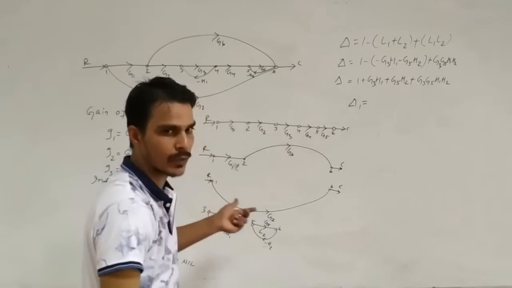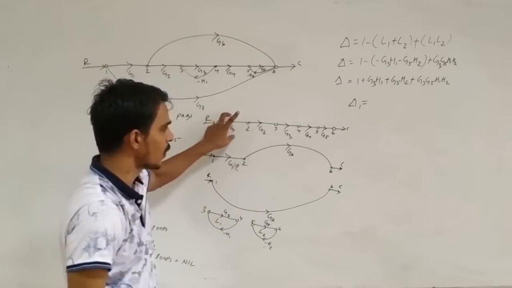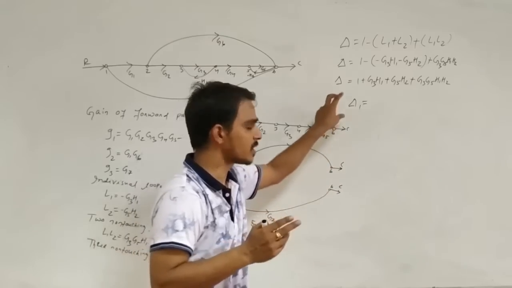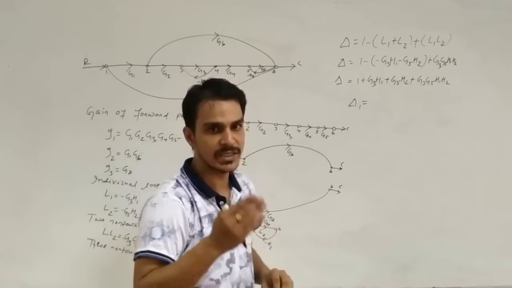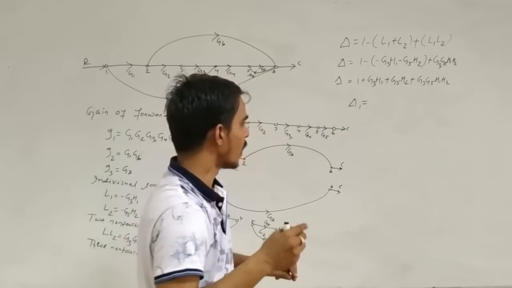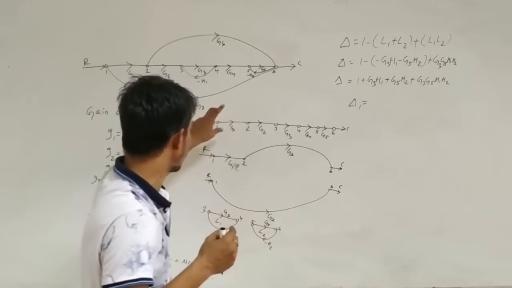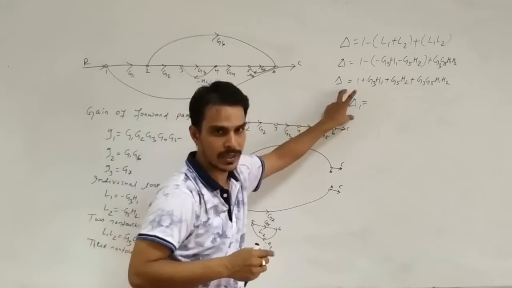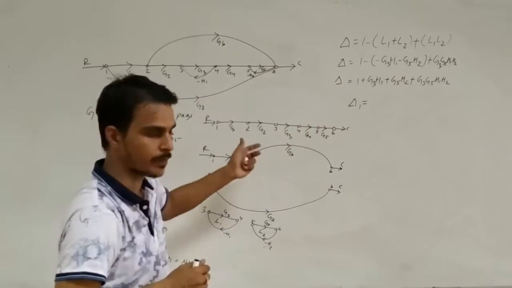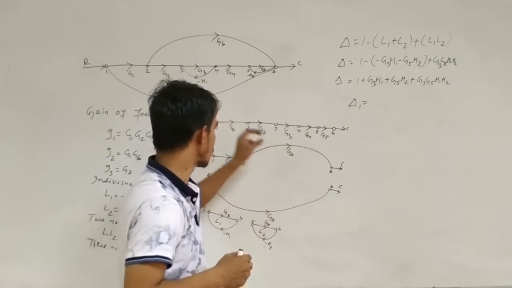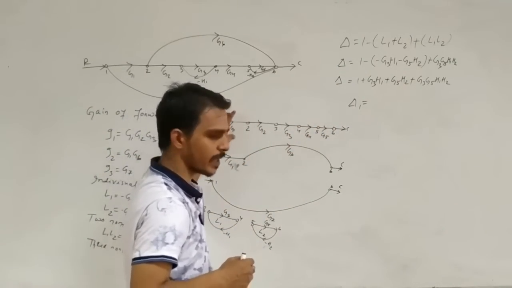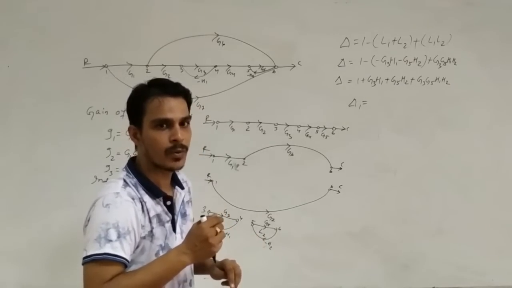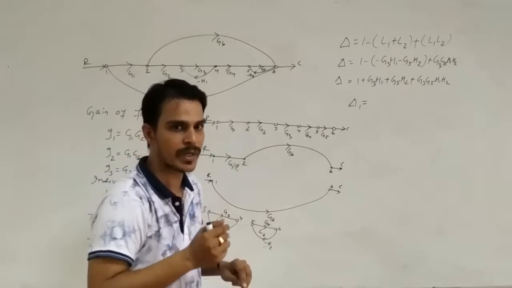While considering delta 1, we have to consider this forward path. We consider delta k, where k is the number of the forward path. So if k equals 1, for the first forward path, we have to consider delta 1. Similarly, for the second forward path, we have to consider delta 2. So for the first forward path, delta k equals 1 minus the loop gains which are not touching the kth forward path.